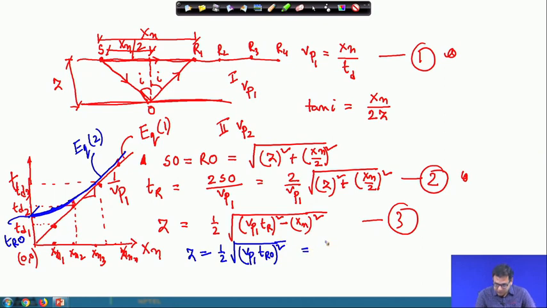So, it will be half Vp 1 T r 0. Or you can get it from here; here also x n equal to 0. So, z will be T r 0 Vp 1 divided by 2. So, this T r 0 is this value, this is T r 0. Okay. So, from here I will get the z value from the curve also.